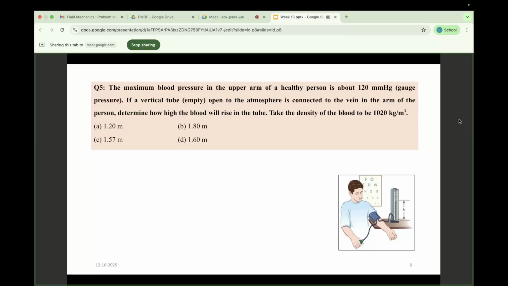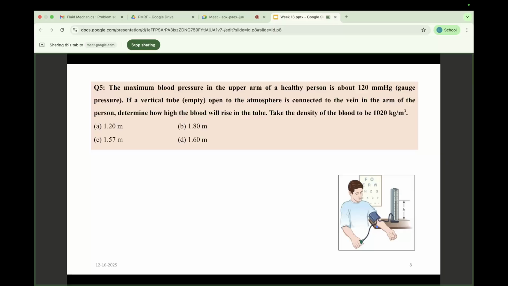Blood will rise means it is talking about this device. You see this device. Basically this device is used to measure the pressure. The total height will determine how much pressure our body has. So the pressure of our body and this pressure should be equal, right? This is the pressure of the mercury and this is the pressure of the blood, so that should be equal.